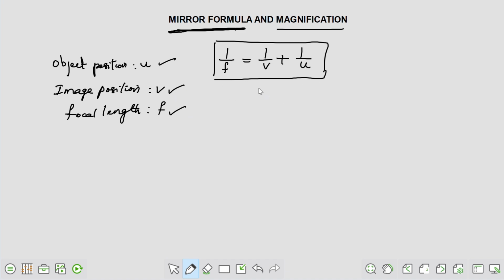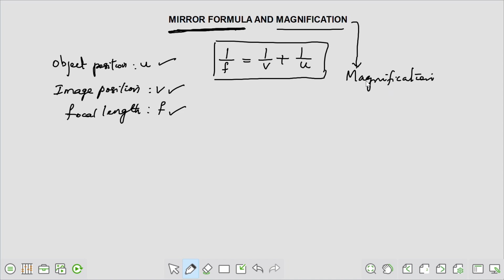Now let's start with magnification. So what comes to your mind when I say magnification? We have already dealt with this topic when we did the ray diagrams, magnified image, right? So when I say magnification, don't get confused that the image is bigger. That is a misconception that most of the students have.